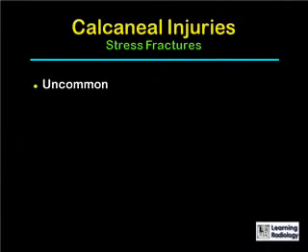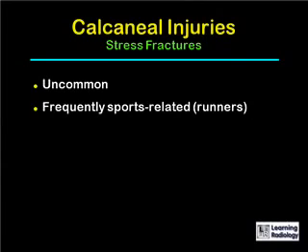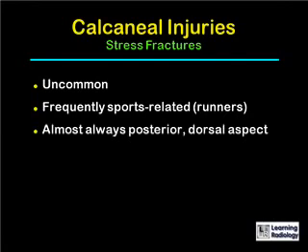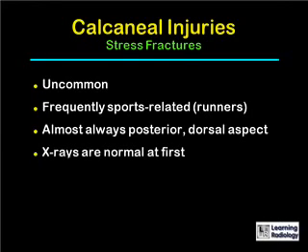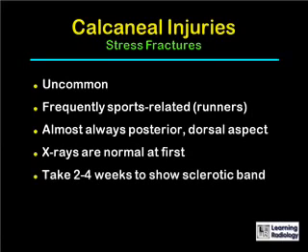Stress fractures of the calcaneus are uncommon. They frequently are sports-related, as in runners or in military individuals. They almost always are posterior and along the dorsal aspect of the calcaneus. X-rays will be normal at first and may take from 2 to 4 weeks before they show a classical sclerotic band in this location.